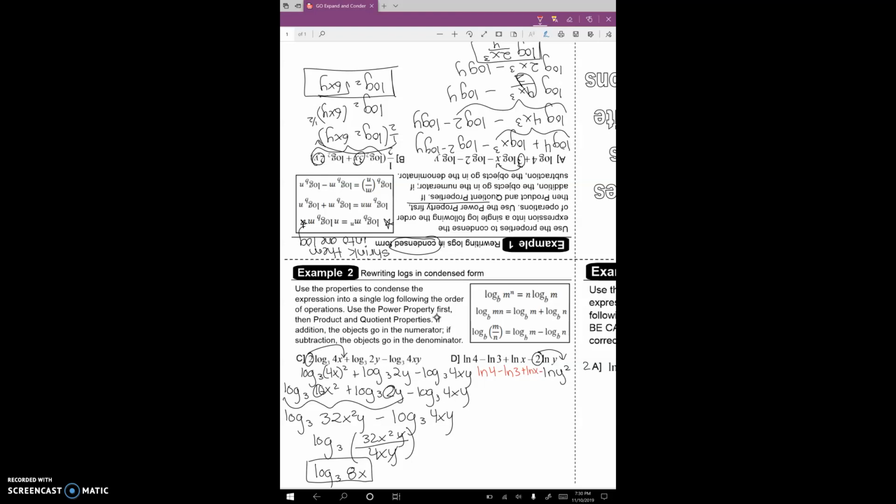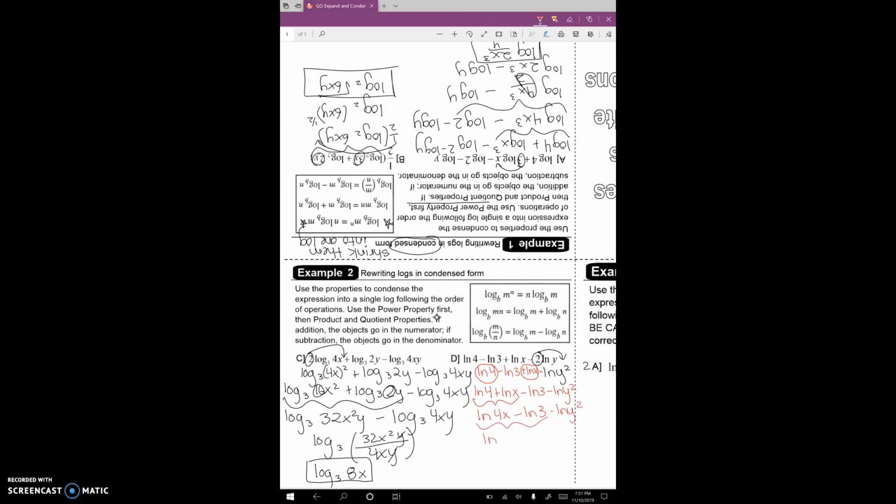I want to do the addition, so that means everything that is positive. Natural log of x is positive, and natural log of 4 is positive. So I can rewrite this. So then I have all the positives together and then the subtracting together, because now this would just multiply. And then I will continue to divide.